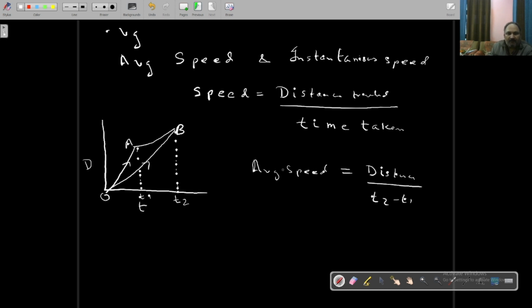Now if we want to understand instantaneous speed, take a point on this path, at t, and then another point at t plus delta t.